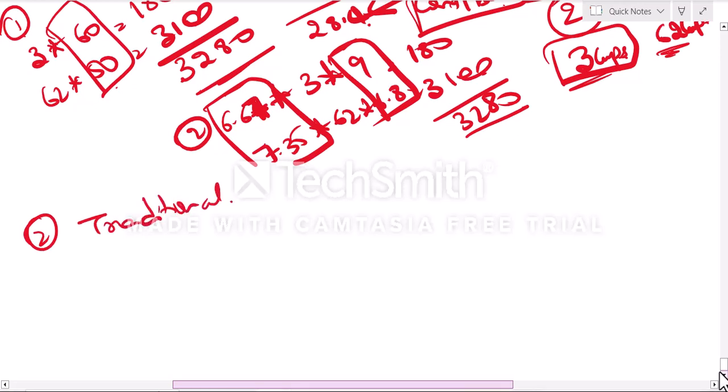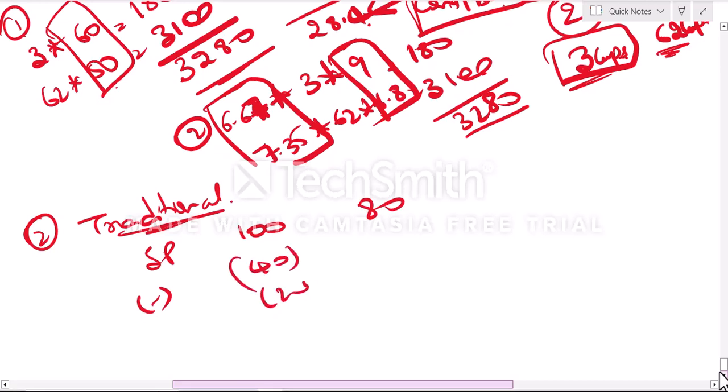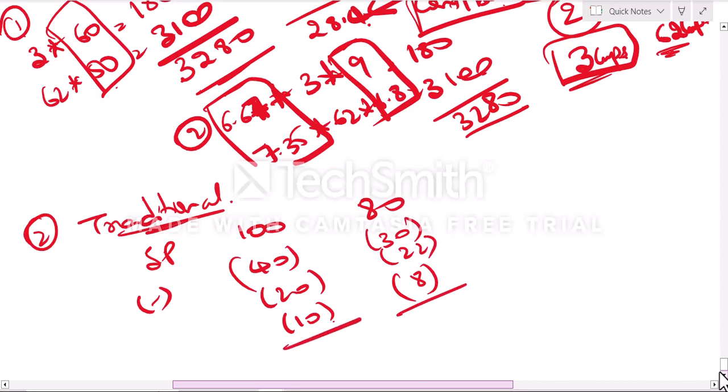Next, traditional method. We need to consider all the variable costs. For hot chocolate, 100 is the selling price, minus material cost 40, labor cost 20, variable overheads 10. For latte, 80 rupees is the selling price, 30 material cost, 22 labor cost, and 8 variable overheads. 100 minus 40 minus 20 minus 10 is 30. 80 minus 30 minus 22 minus 8 is 20.